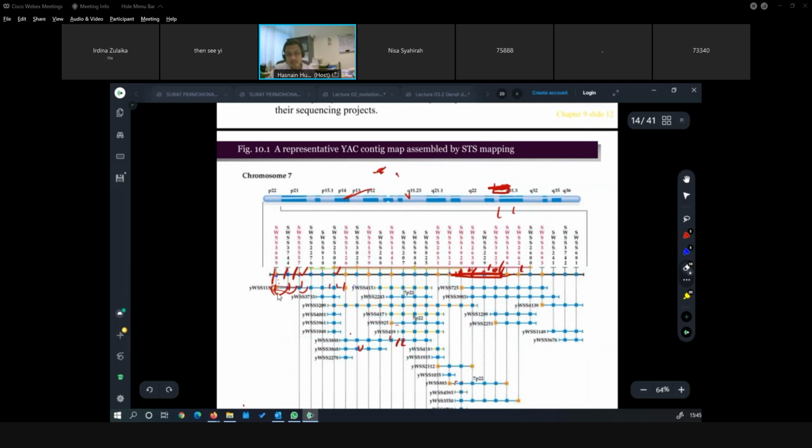It's not like scientists decided, okay, let's do human genome sequencing, and only then started determining the individual marker positions.